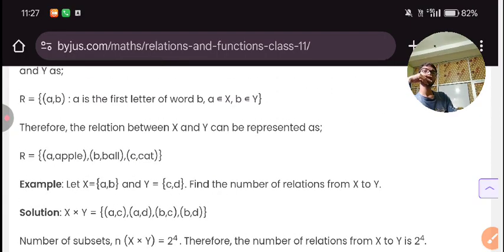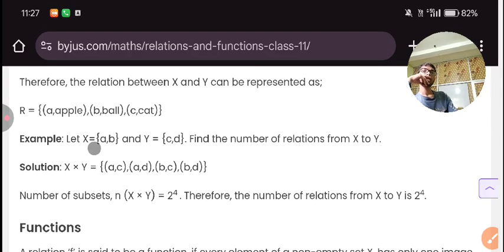Now another example we have, x is {a, b} and y is {c, d}. Find the number of relations from x to y. Here we have x.